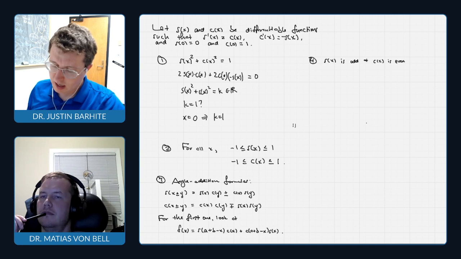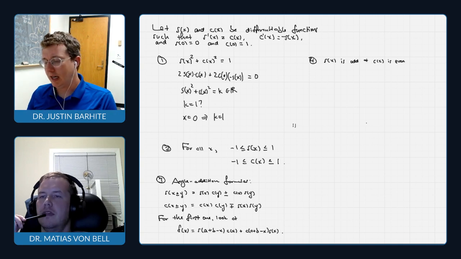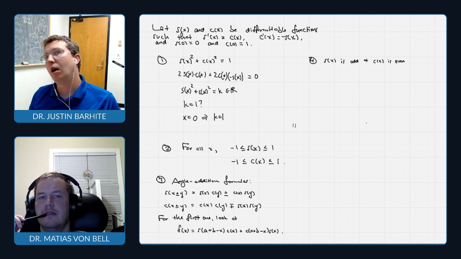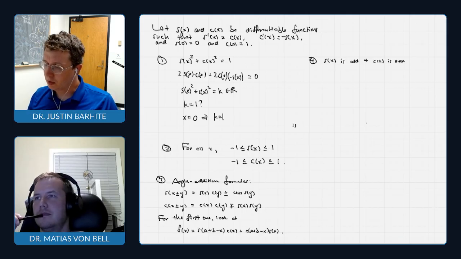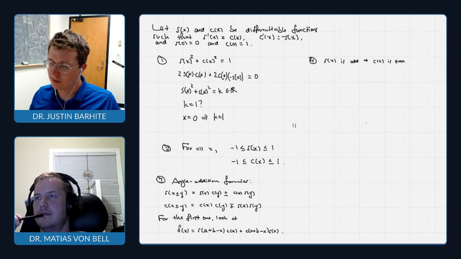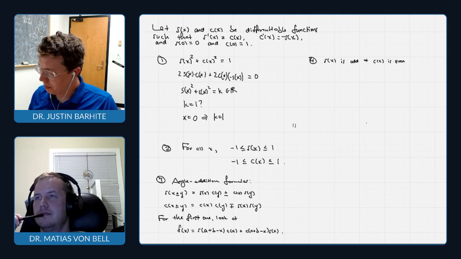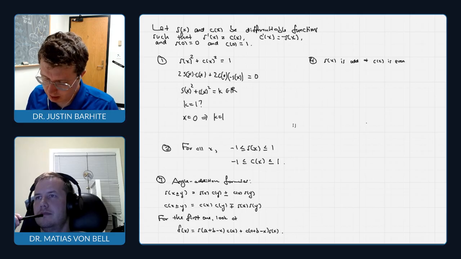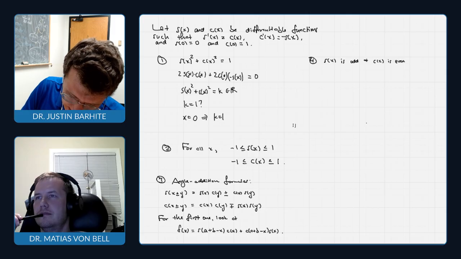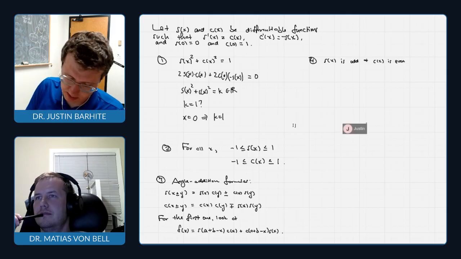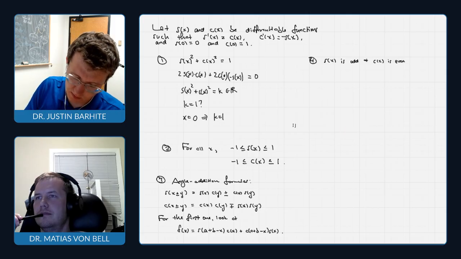But first, I'm going to prove that sine is odd and that cosine is even. That'll simplify some of the analysis leading us toward periodicity, but it's also just a good thing to know. This is maybe my favorite proof that we're going to do tonight, because there's a clever way to reduce it to something we've already done.